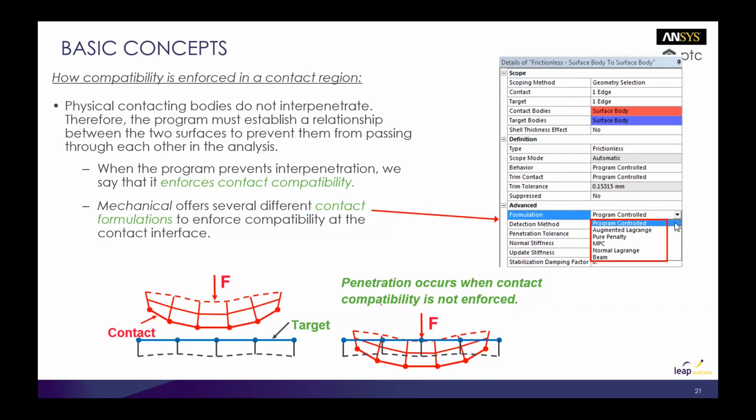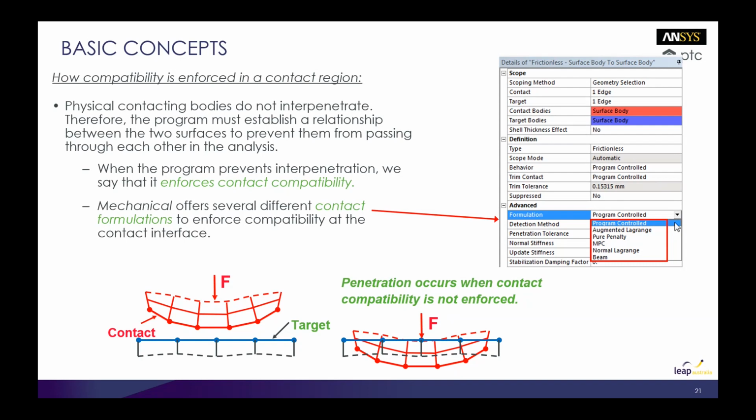When one part can't pass through another, contact compatibility is enforced. That's essentially when we prevent penetration. There are different contact formulations that are used to enforce the compatibility at the contact interface.